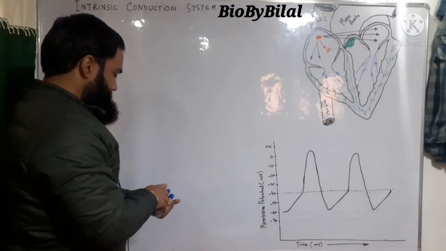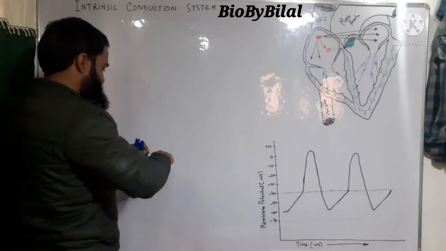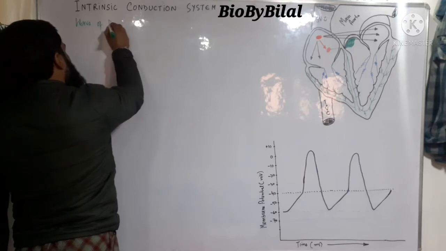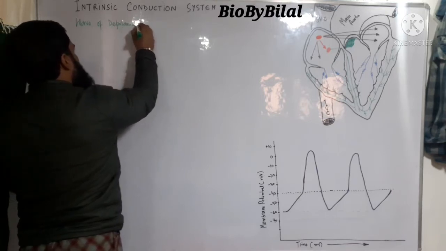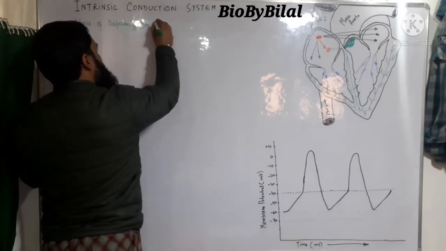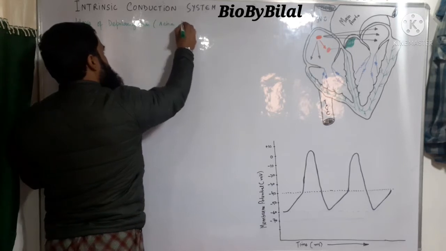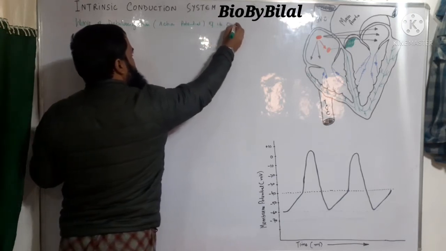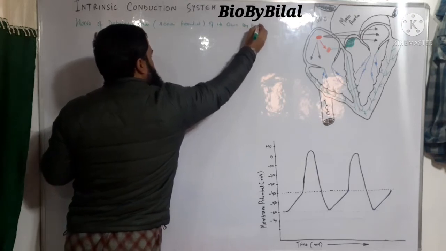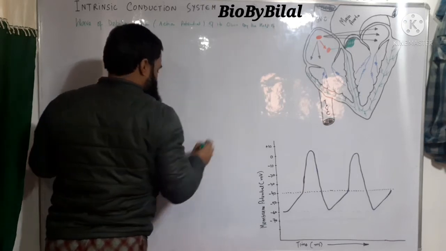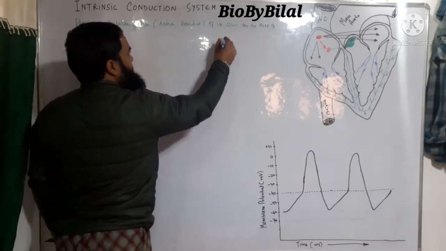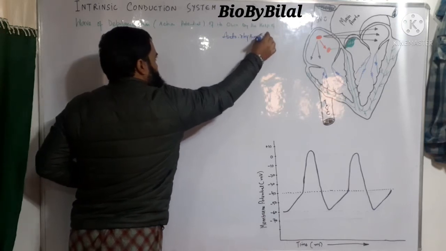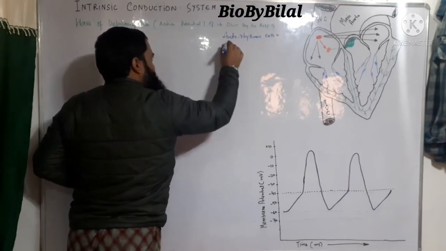Firstly, you must know that the wave of depolarization, that is the action potential, is controlled by the heart on its own, with the help of autorhythmic cells or non-contractile cells.